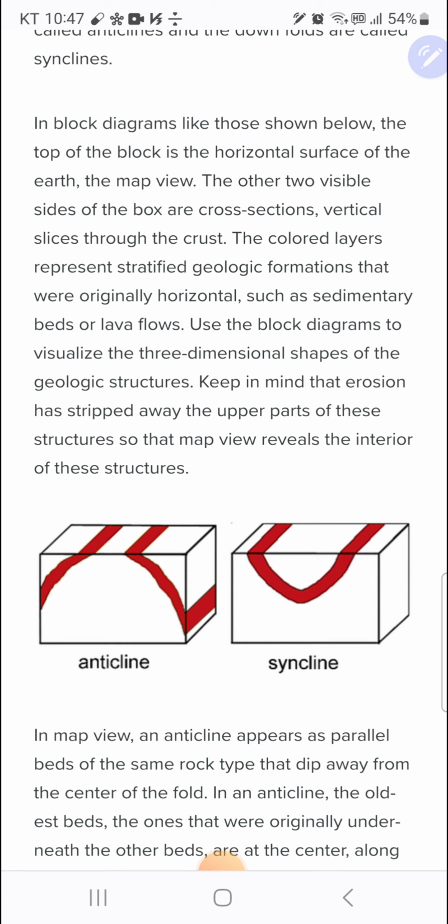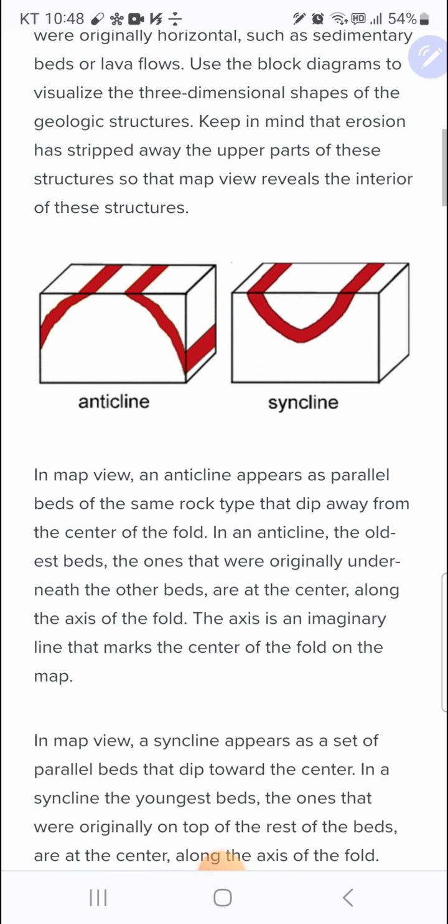Use the block diagrams to visualize the three-dimensional shapes of the geologic structures. Keep in mind that erosion has stripped away the upper parts of these structures, so that map view reveals the interior of these structures.